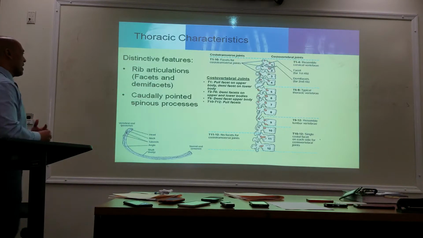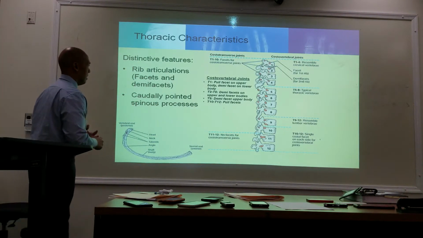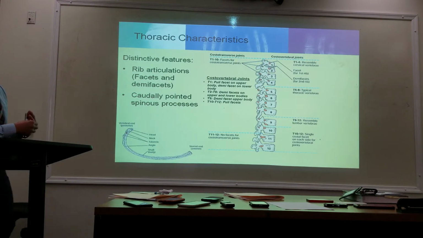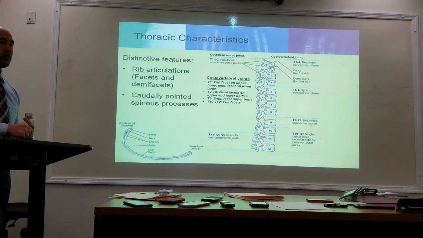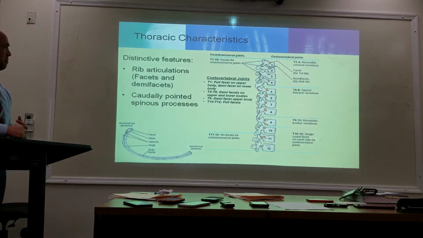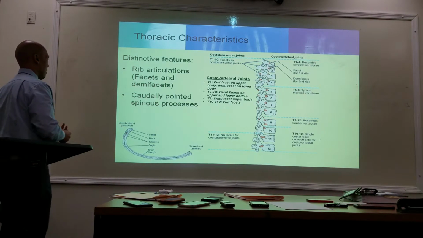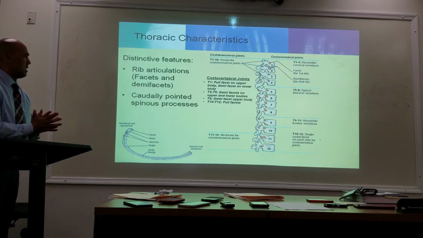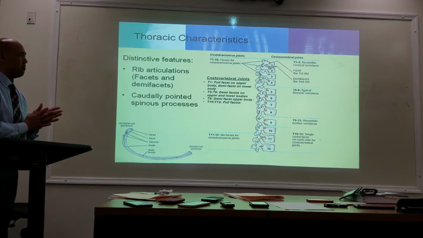T2 to T8, you have demifacets on the upper and lower bodies. T9 has a demifacet on the upper body. And then T10 to T12, we have full facets.